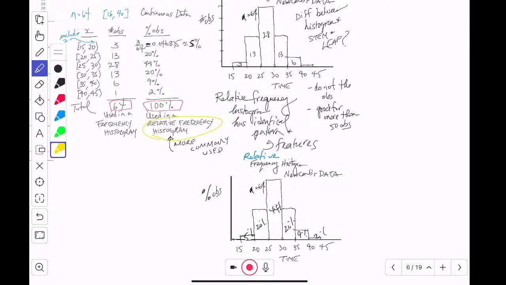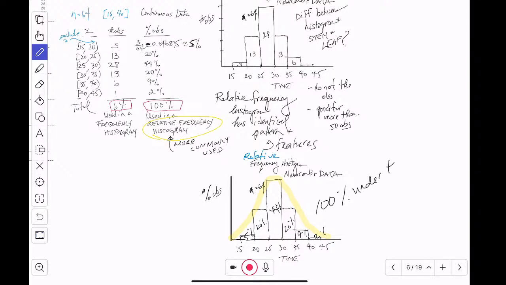If I smooth out the curve, it looks symmetric, and I can talk about 100% of the observations being under that curve. And when we talk about density curves, that's what we imagine.